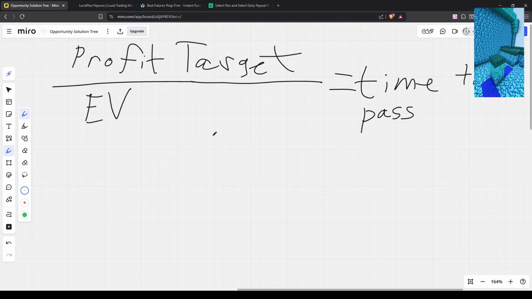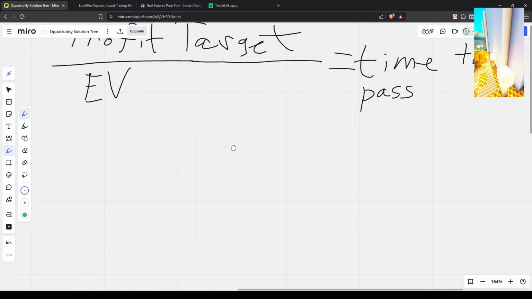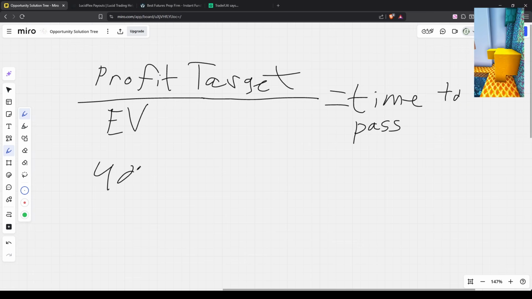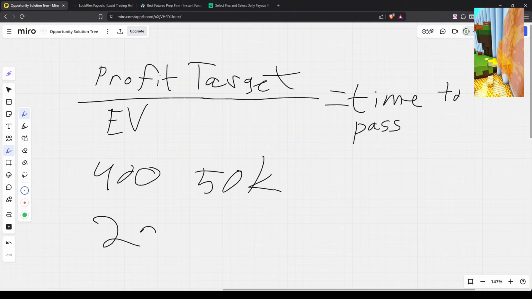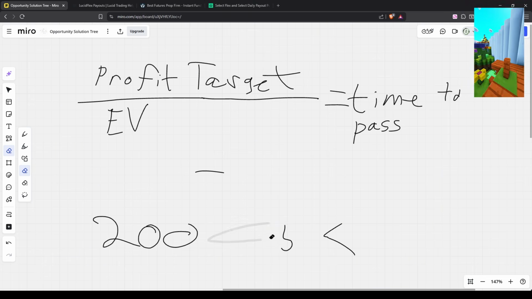The principles of trading a live account, in other words capital preservation, do not really work the same in a prop firm environment because of disproportional payoff. So you have to risk at least $400 on a 50k account and $200 on a 25k account. So basically at least 20% of your drawdown.